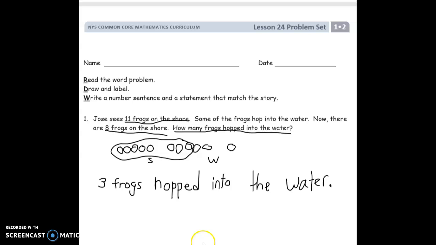Now I want you to notice that we just copied the question right down here, but we didn't copy every word. We left out the question words. The question words are how many, because we answered that with the number 3. And let's box in our number so I can easily find it on your paper.